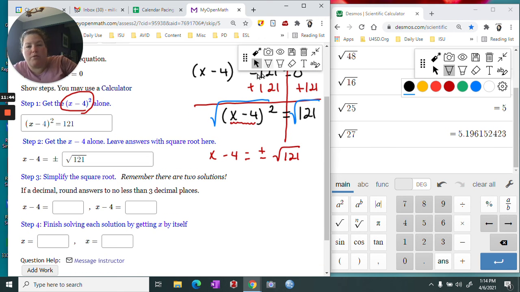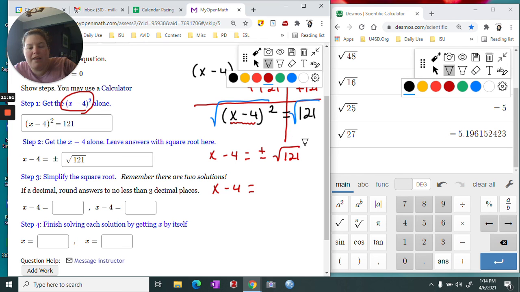Okay, so we have x minus 4 equals positive 11, and x minus 4 equals negative 11. So option 1 is the positive version, and option 2 is the negative version.